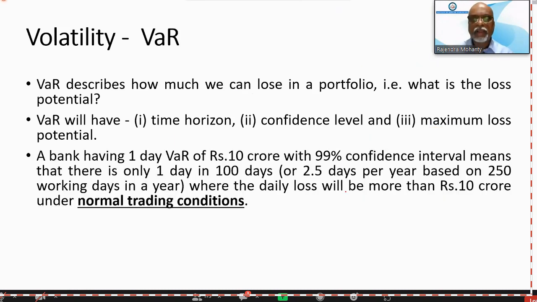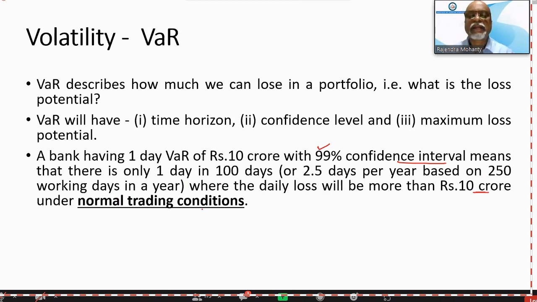Okay. So suppose a bank has a 1 day VAR of 10 crore with 99% confidence level or confidence interval. It means that there is only 1 day in 100 days, or we can say 2.5 days per year based on 250 working days in a year, where the daily loss will be more than 10 crore.